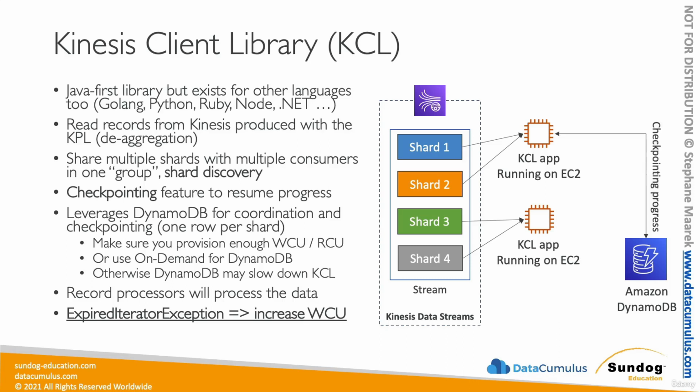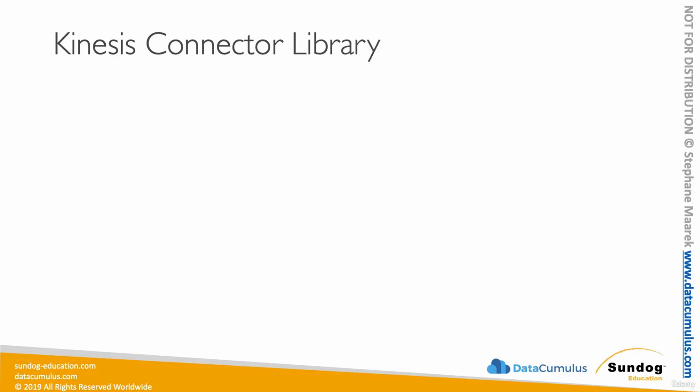And then the KCL applications will be checkpointing the progress into the DynamoDB table. And this happens quite often. That means that you need to provide enough WCU for your DynamoDB table. And again, in case you get an expired iterator exception, you need to increase the WCU, your write capacity units, on your DynamoDB table.